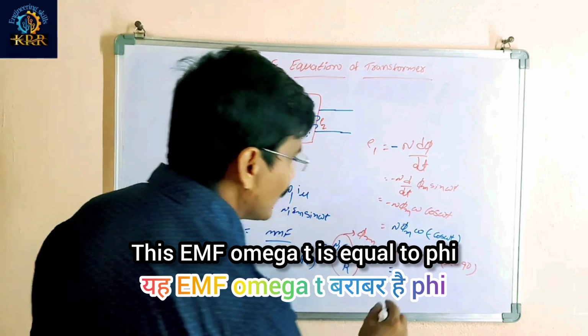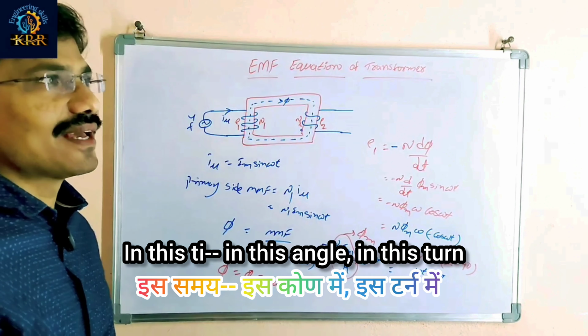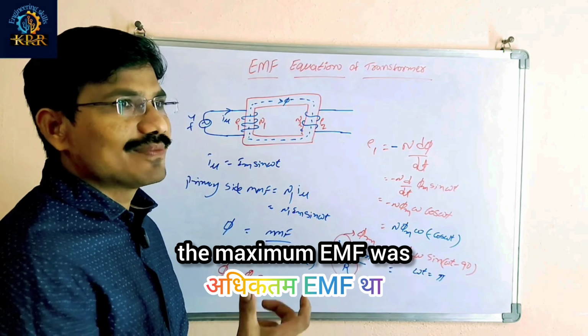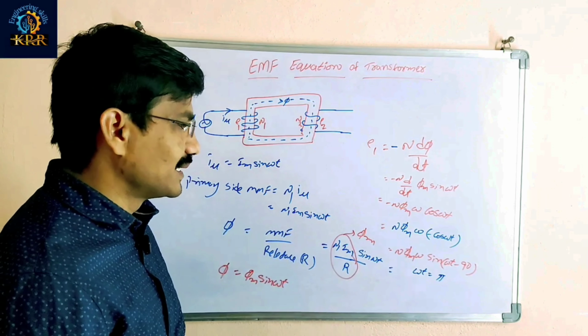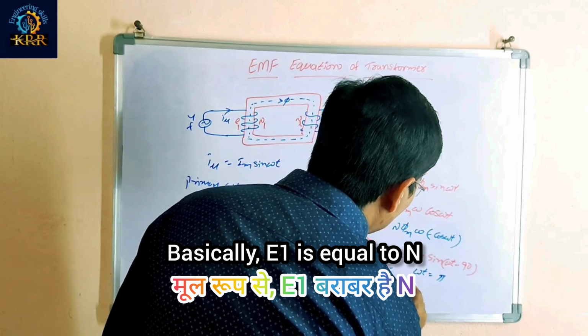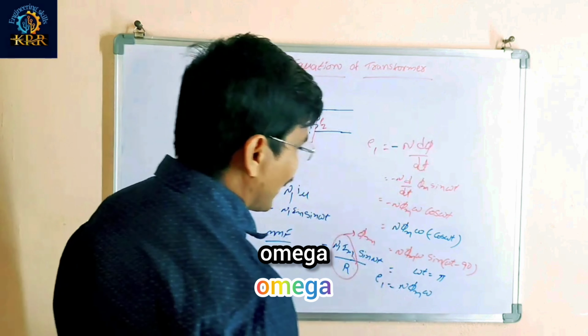The maximum EMF is generated at this angle, when omega t is equal to pi. Basically, E1 is equal to N phi m omega.